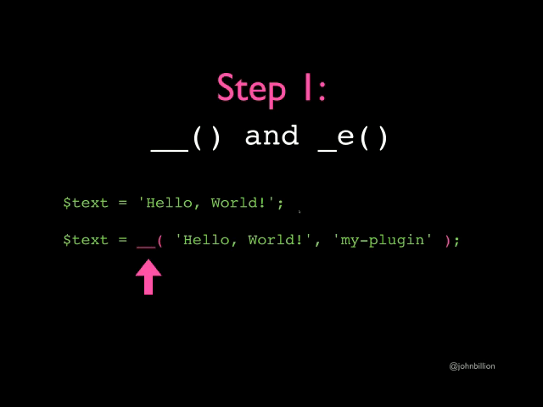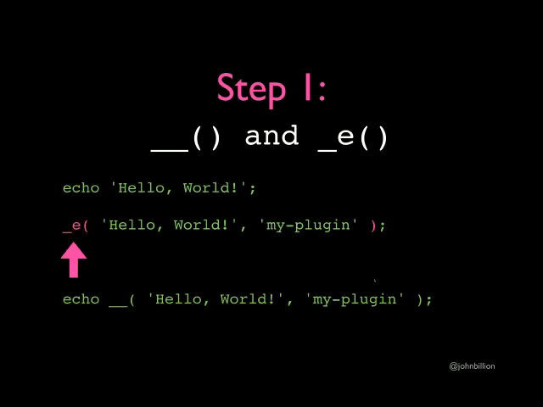If we want to internationalize this to make it available for translation in WordPress, all you need to do is wrap it in the double underscore function and append this second parameter called a text domain, which I'll talk about more shortly. And that will mean that that string is now internationalized. It's ready for translation. And when WordPress or your plugin or your theme starts to get popular and people write translations for it, that string will be translatable.